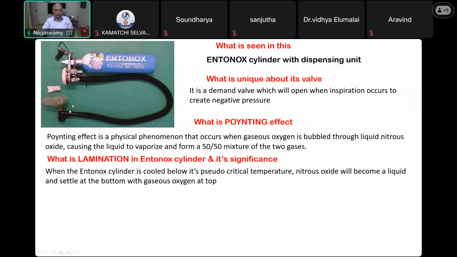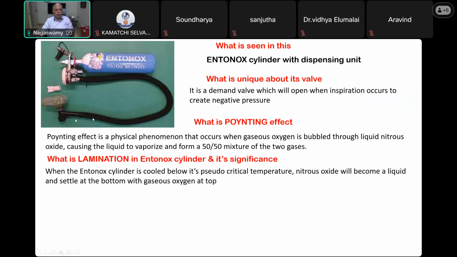So when the patient starts inhaling this mixture, he or she will receive only oxygen in the beginning. Later on, this nitrous oxide, which is in the liquid form, will become a vapor and travel along with that. At that time, the oxygen content will not be 50%. It will be much less because most of the oxygen is used up, and the nitrous oxide will be 80% or 90%.